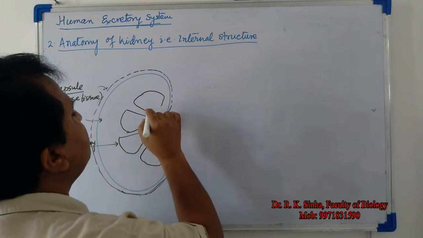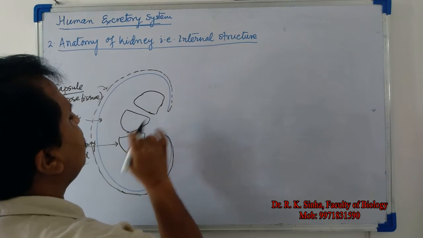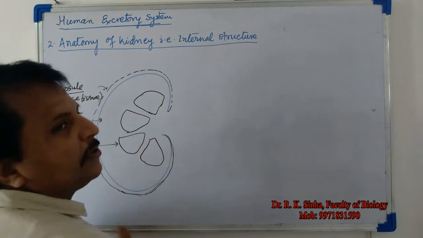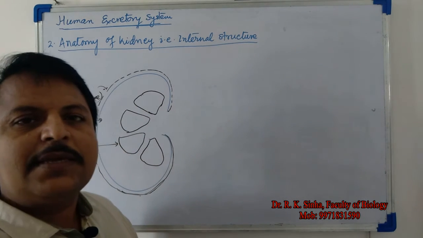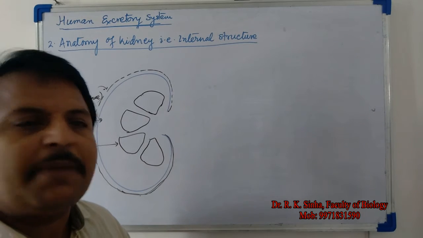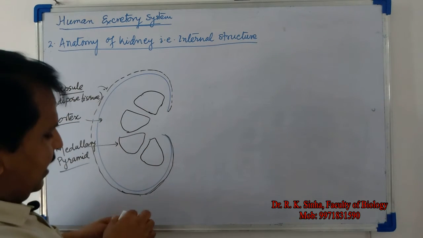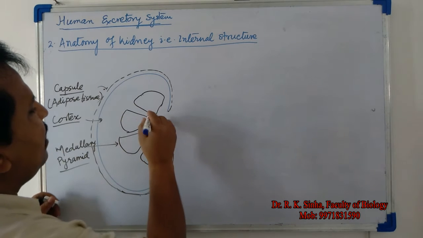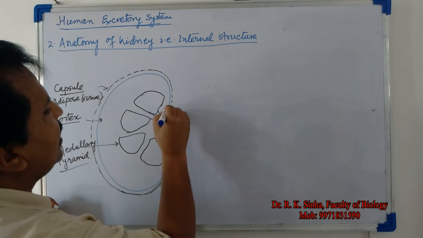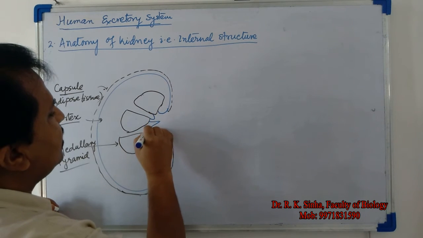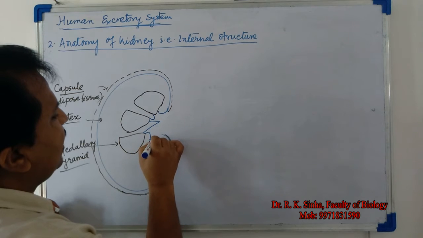And this is the apex of the medullary pyramid. So this apex is known as renal papilla or medullary papilla. These two will be connected together like this.